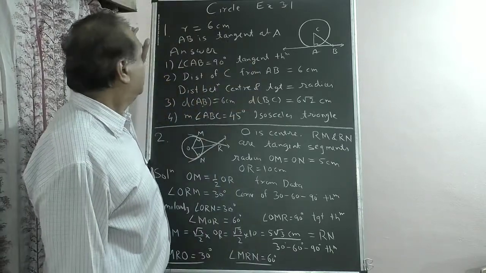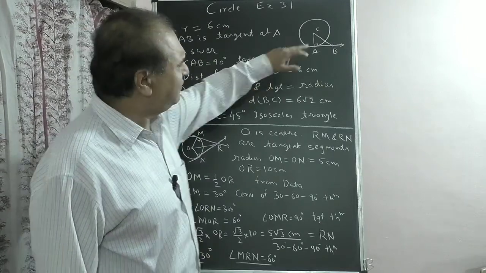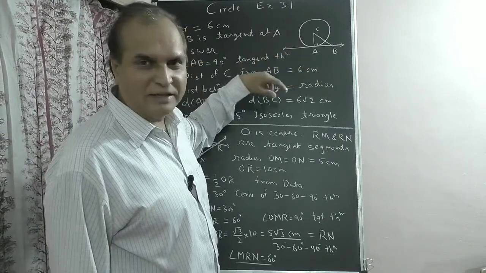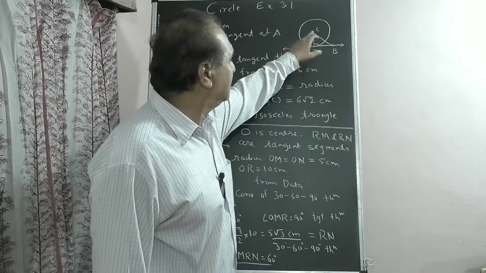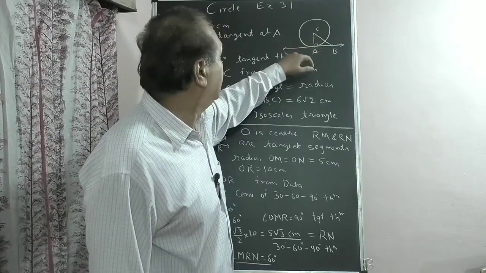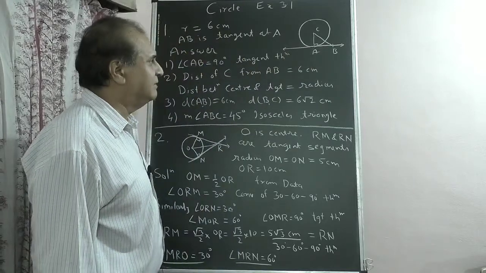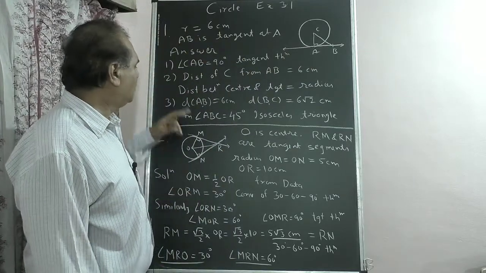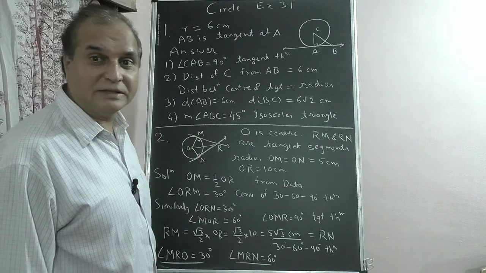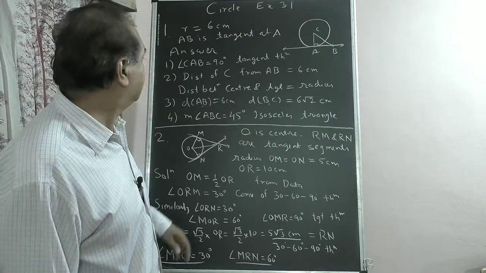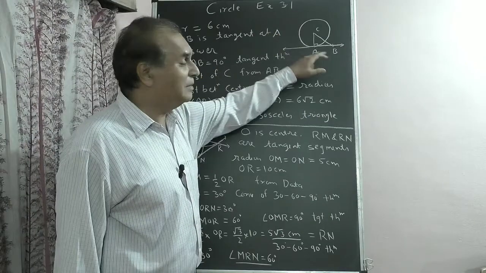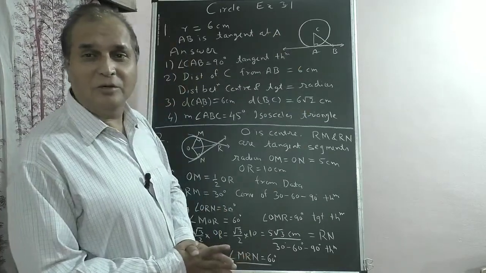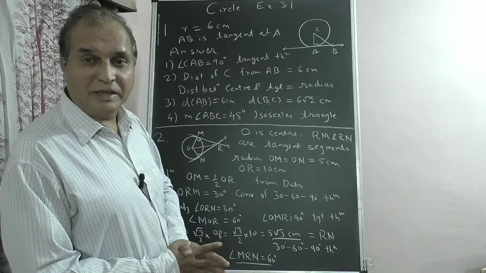First sum. Given figure 3.1 in the exercise: tangent AB at A, a circle with center C, radius 6 centimeter, that is given. 4 questions they have asked and you have to write the answers. First, angle CAB is 90 degree, tangent theorem, you know that.